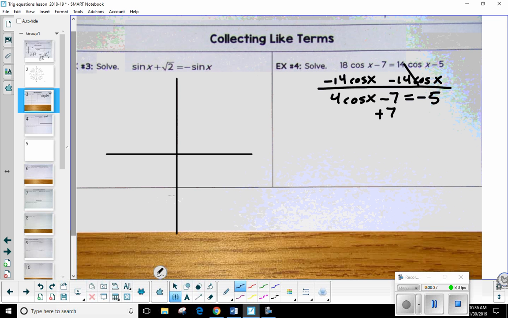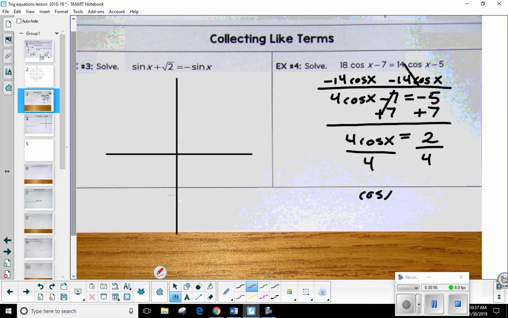Okay, so I'm going to add 7 to both sides. See, what I'm doing is I'm getting that cosine, that trig function, all by its lonesome. Those are going to cancel. So 4 cosine of x equals 2. And then now my last step is to what? Divide through by 4. So I've got cosine of x equals 1/2.